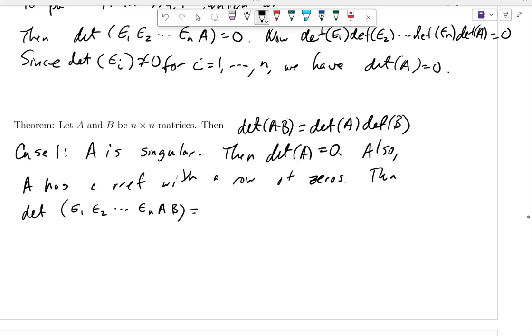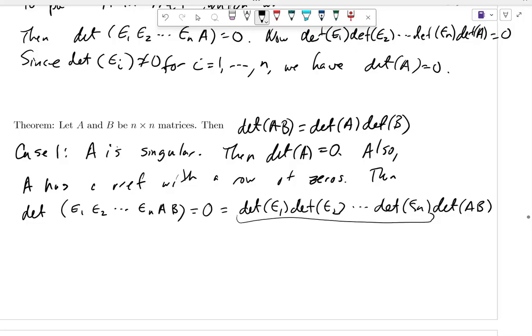But we just said a minute ago that I can break up the determinant over those elementary matrices. And now what do we have again? Just like in the previous case, I've got a product that equals 0, right? Okay, can these be 0?